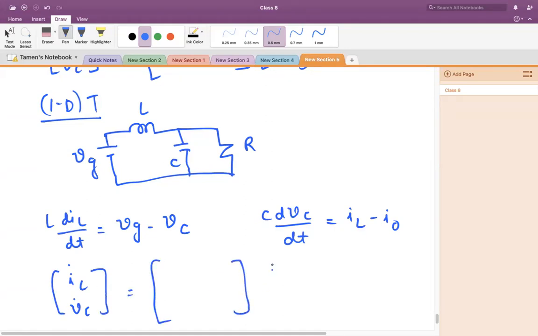So now tell me what IL dot will be in terms of IL. 0.